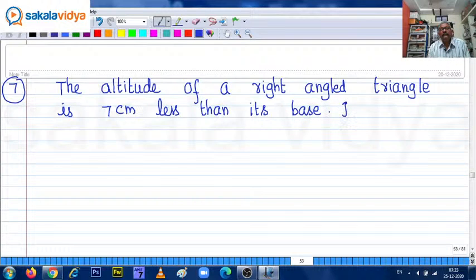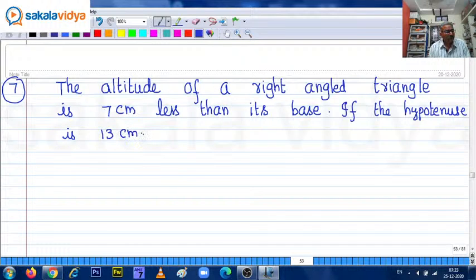If the hypotenuse is 13 centimeters, find the other two sides.